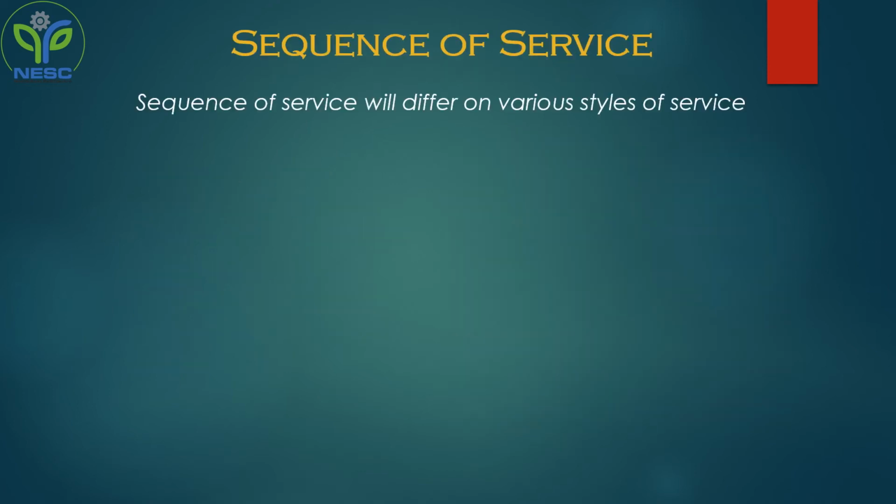Sequence of service. What is sequence of service? It means the flow of dishes to the guest table, right? And this flow of dishes or courses depends on the captain's order. Courses to be served will depend on the style of service.